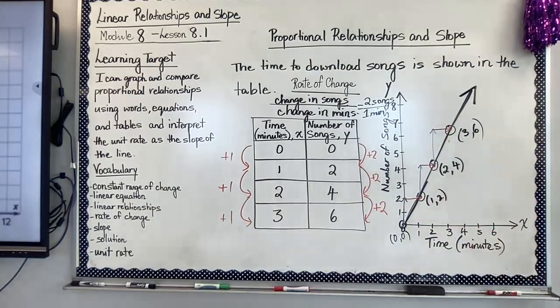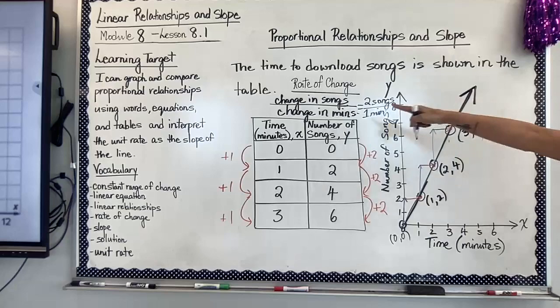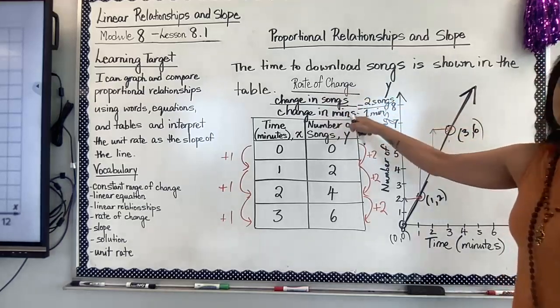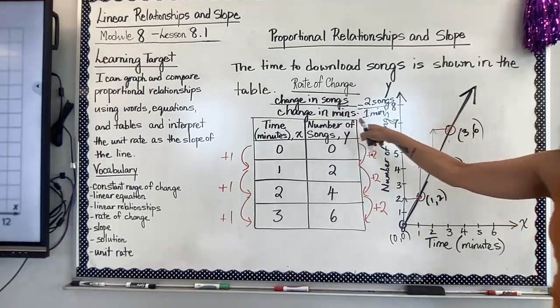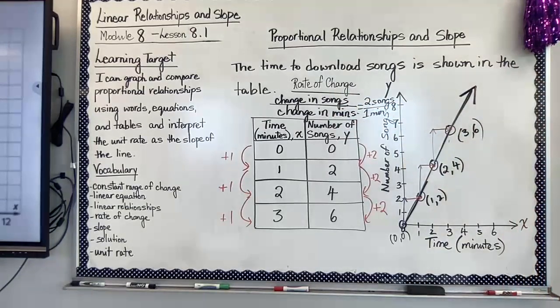Okay, so change in songs over change in minutes, and that's what we're trying to see. So what is the change in songs? It is the 4 minus the 2, because this is my songs. Okay, 4 minus 2 over change in minutes, which is going to be 2 minus 1.